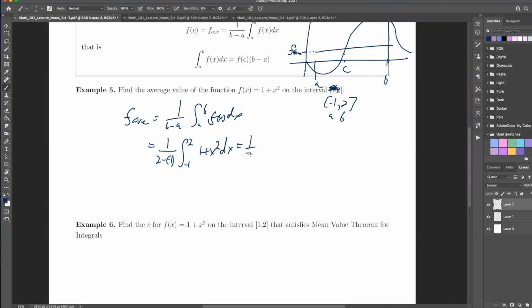So this is equal to 1/3 times, this is x plus x cubed over 3 evaluated at -1 and 2. Okay. All right, so let's just crunch through this. So this is 1/3 times 2 plus 2 cubed over 3 minus -1 plus -1 cubed divided by 3.